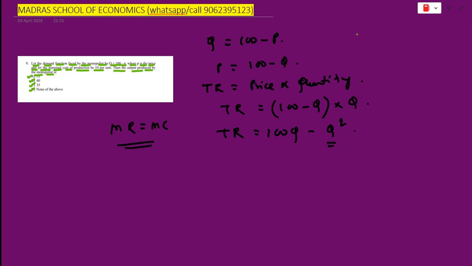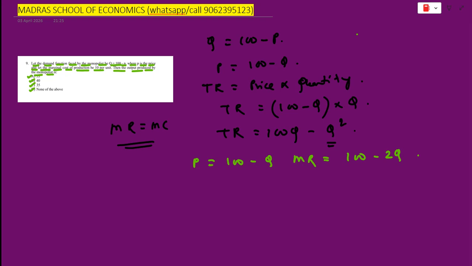Let's use a little calculus magic over here. For a linear demand curve, the MR curve is always twice as steep as the demand curve. So if P equals 100 minus Q, then MR is 100 minus 2Q. It's like the demand curve's faster brother.